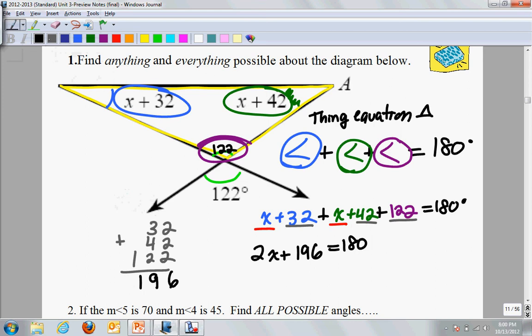Now what we want to do is solve for x here, so we're going to minus 196 both sides. We end up with 2x equals negative 16. We divide 2 by both sides, and we end up with x equals negative 8.